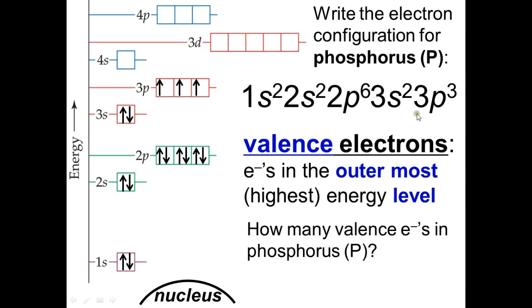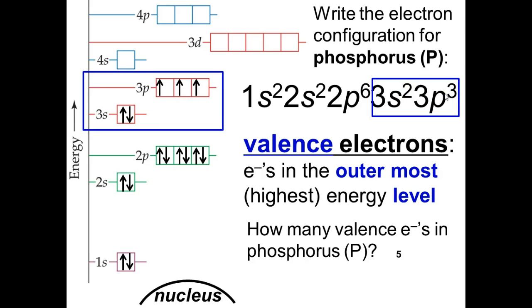So 3 is the highest, and we count the number of electrons, which are the little exponents, so there's 2 and 3. For phosphorus, like I said, we look at the highest energy level, or we can also count the arrows, 1, 2, 3, 4, 5. Same thing here, the highest coefficient is 3, and we look at the exponents. So the number of valence electrons is 5.